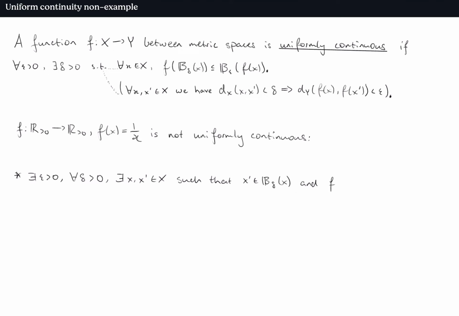So f of x prime, so since we're negating the conditions of the definition, we're saying that f of x prime is not in the ball of radius epsilon centered at f of x. Okay.